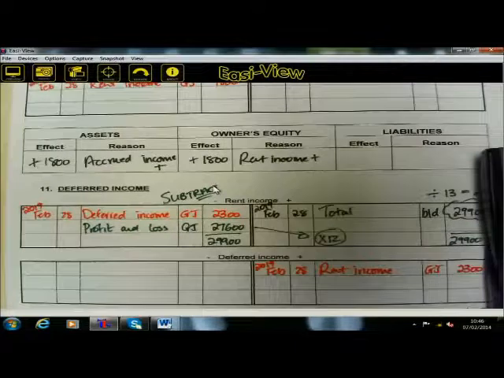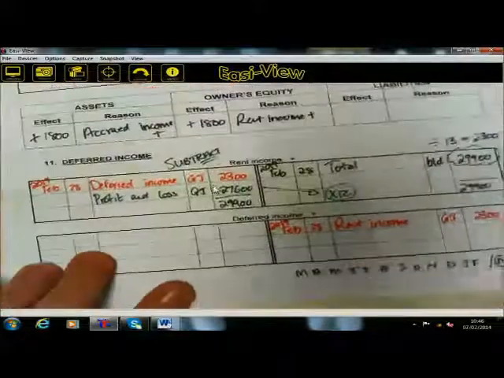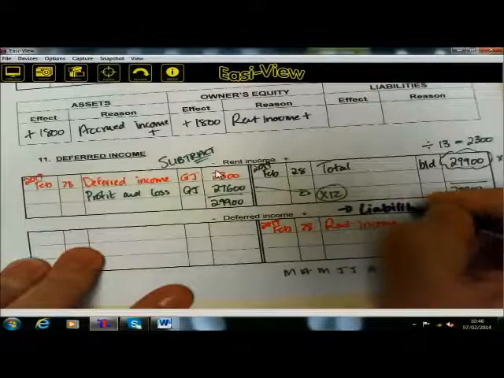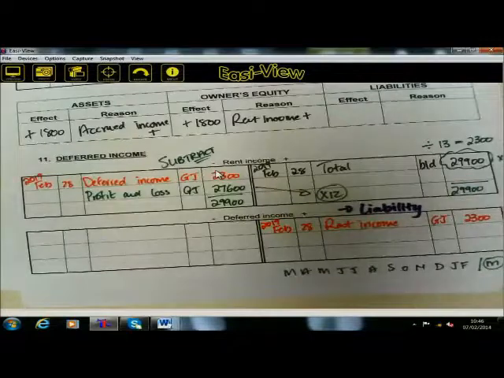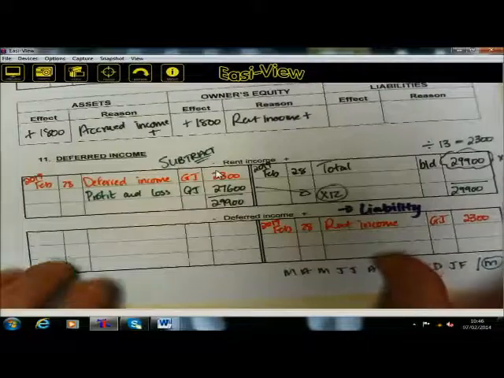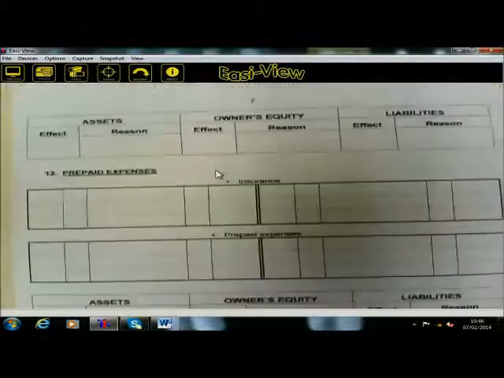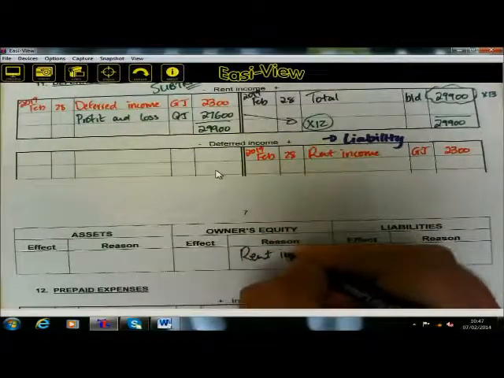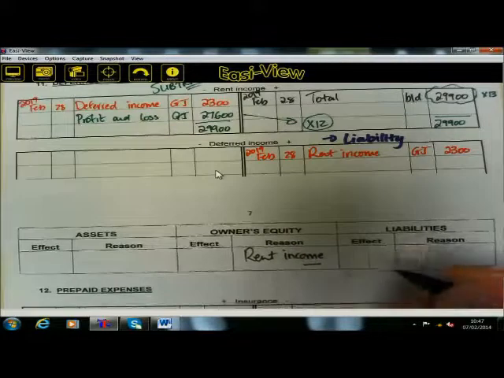What is this deferred income or income received in advance? This is a liability. Why is it a liability? Because we received money for something that we didn't produce yet, or that we didn't give the service yet. That's why this is a liability for the business. Accounting equation: your rent income becomes less.